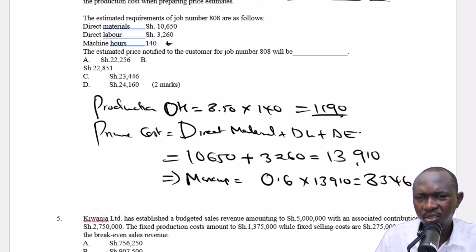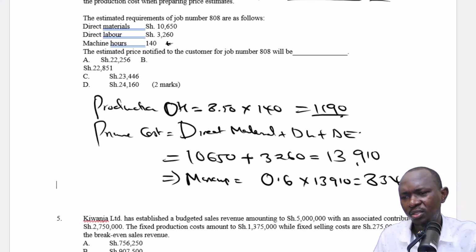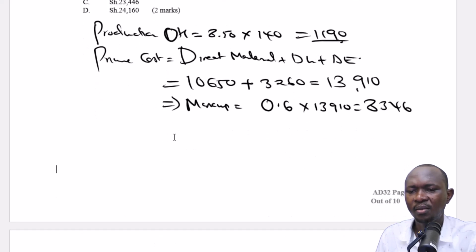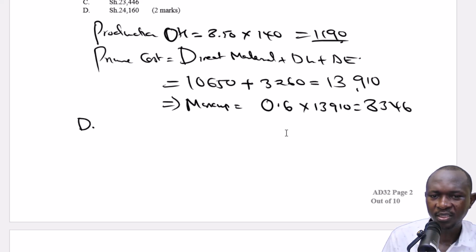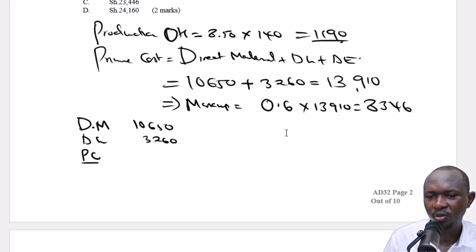So then, what is the question? The estimated requirements of job number 808 will be arrived at as follows. Prime cost: direct materials 10,650 plus direct labor 3260. When you add the two, the prime cost is 13,910.